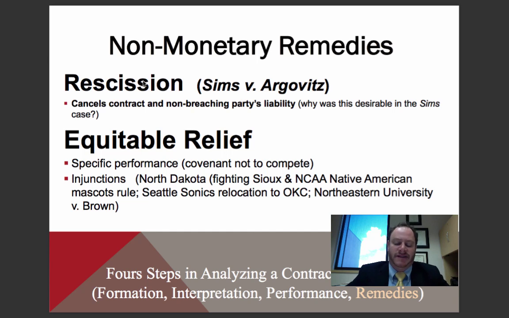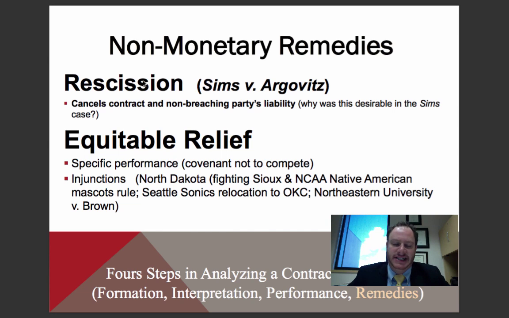So Sims versus Argovitz. Billy Sims was a famous Detroit Lions running back. Jerry Argovitz was his agent. Argovitz, unbeknownst to Sims, became a part owner in a football team that was a rival to the NFL.